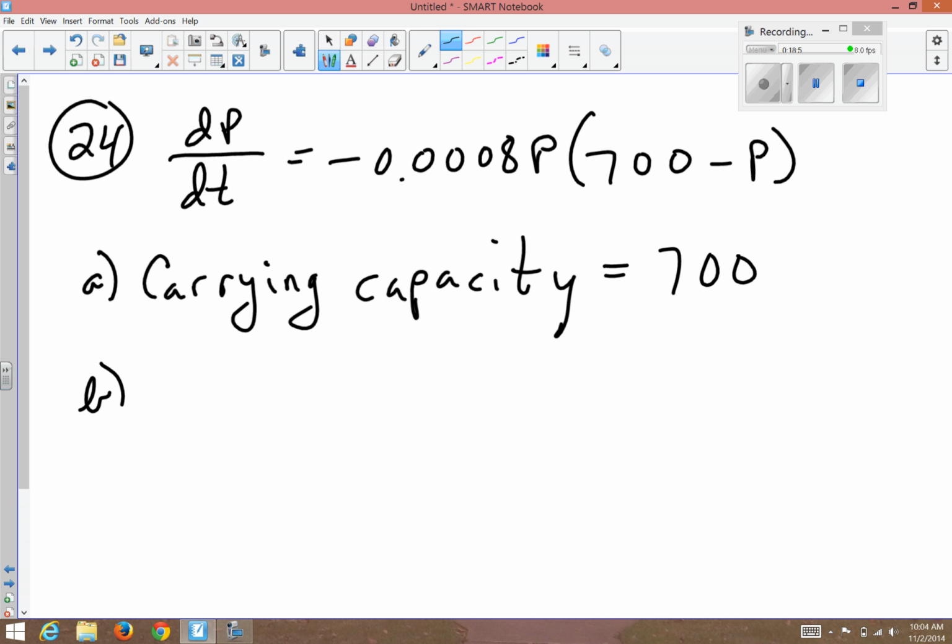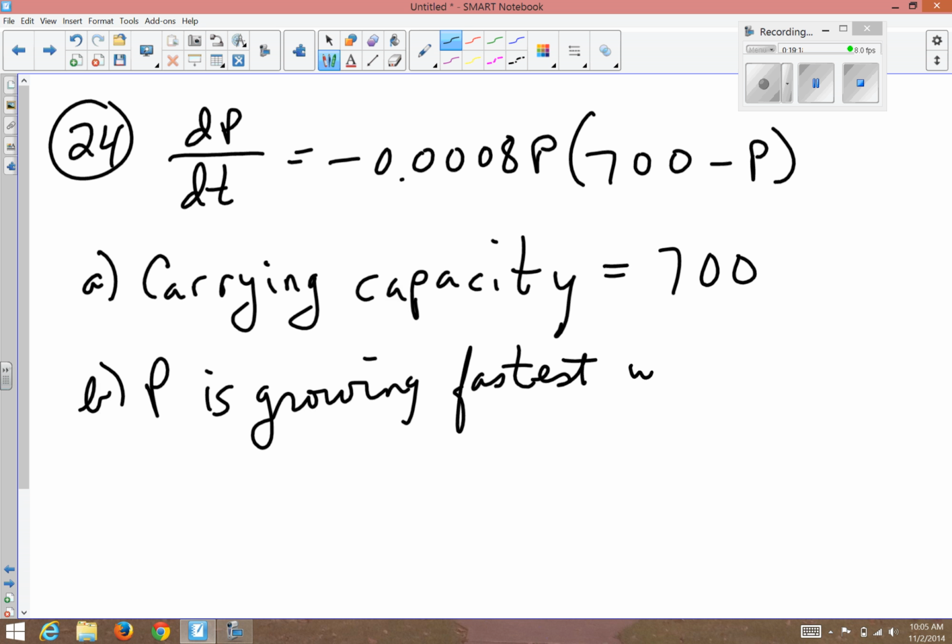Part B, the size of the population when it is growing the fastest. Here's a fact, it's on your handout. The population is growing fastest, this is in general. Anytime there's a differential equation that has the form of logistic growth, the population will be growing fastest when the population is half its carrying capacity.